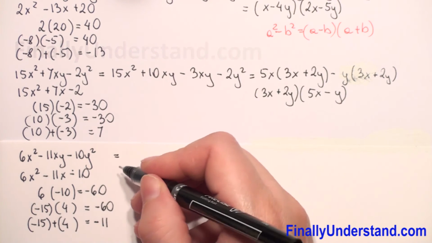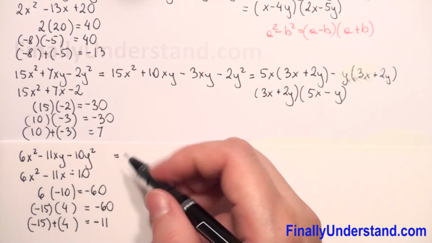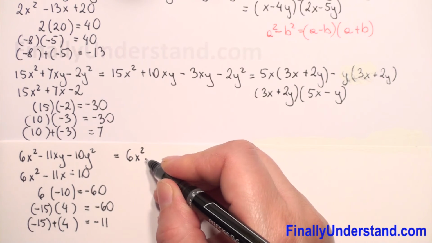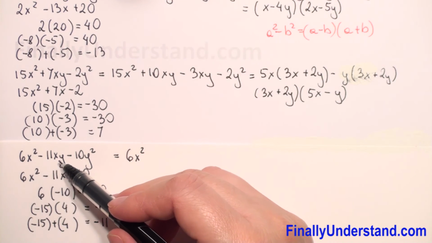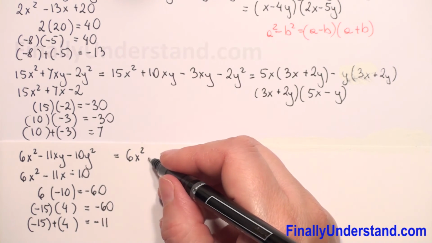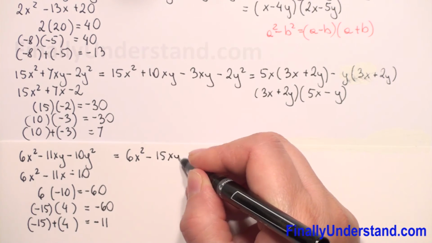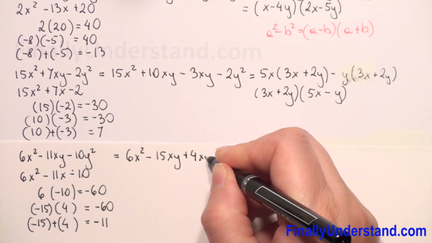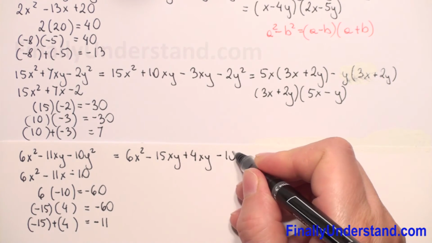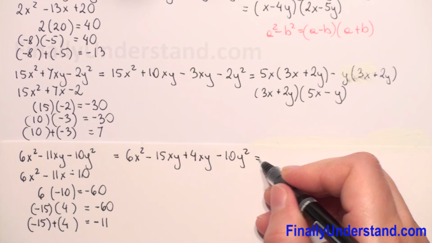So now we can rewrite our expression. First 6x squared we copy, and negative 11xy I rewrite as negative 15xy plus 4xy, and negative 10y squared we copy, so this is equal.